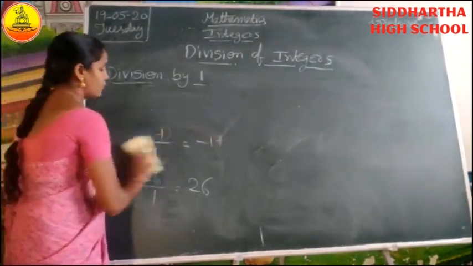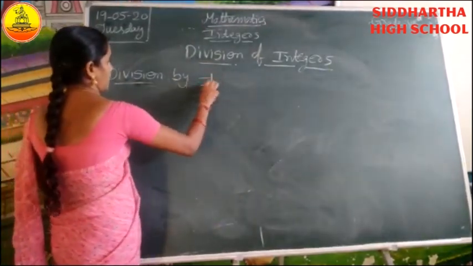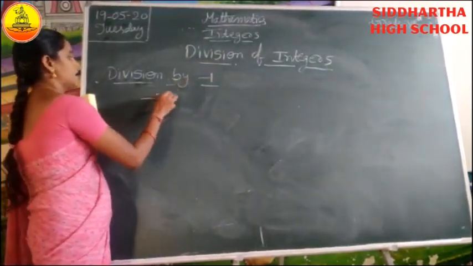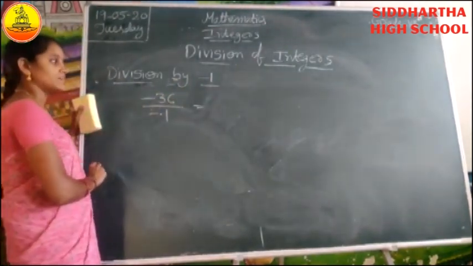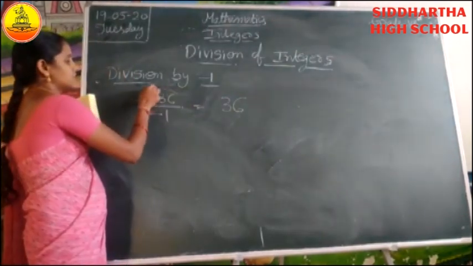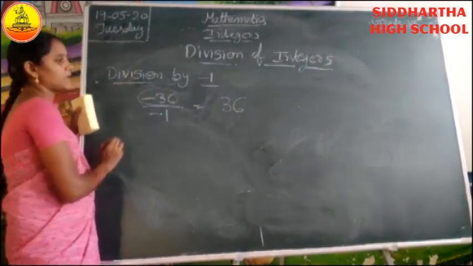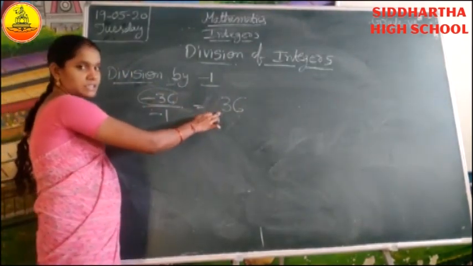For example, if you divide any number by minus 1, say minus 36 by minus 1, what is the result you will get here? Here we will get the result as the opposite of minus 36. That means a negative integer is there, so you will get the positive integer as the result.